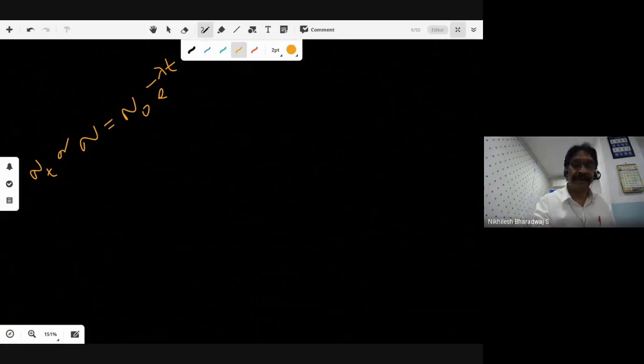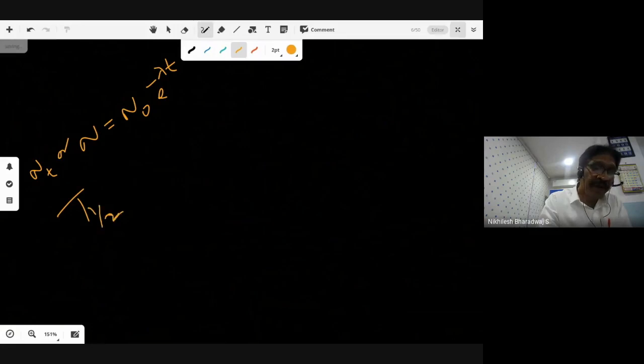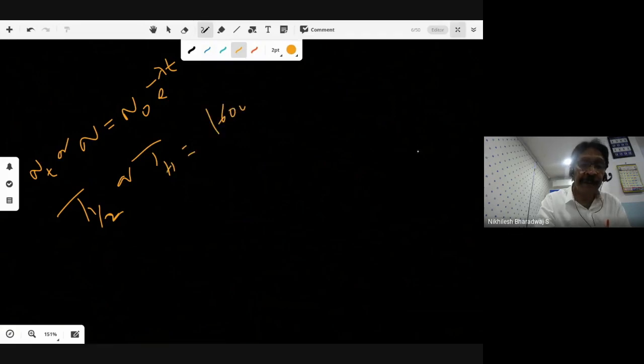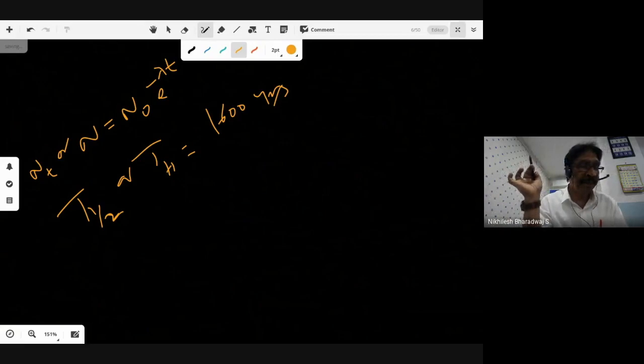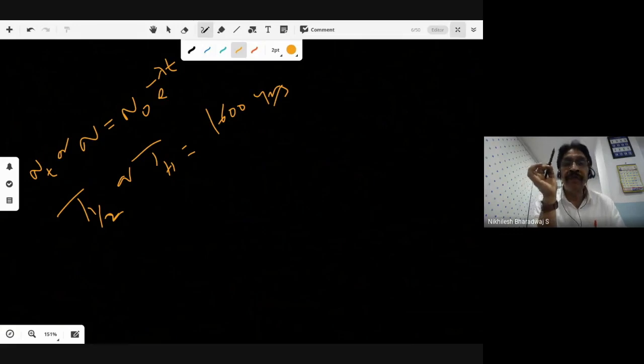Coming back to the problem. What is the half-life? T half, or in some books they write it as TH also: 1600 years. How long does 1 gram of radium take to reduce to 0.125 gram? So what is the initial mass of the radioactive substance?